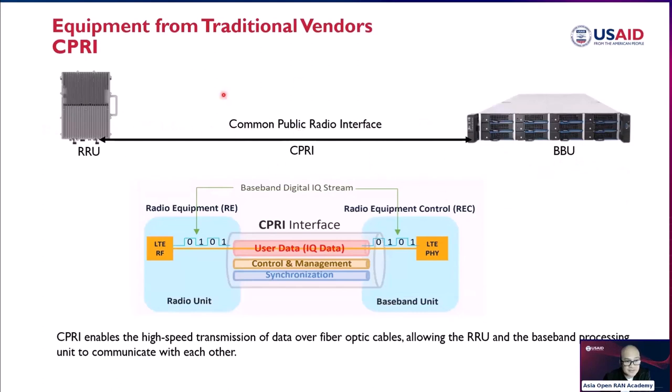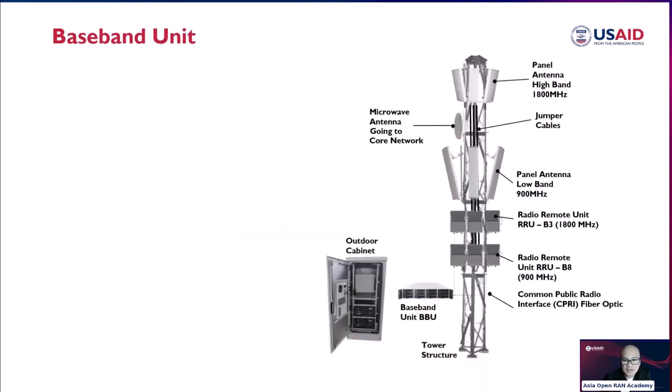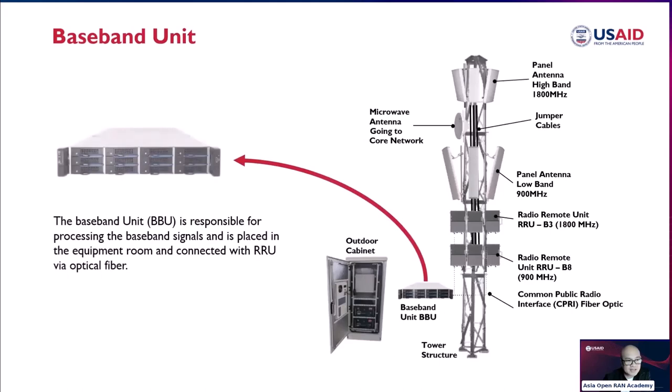And as I mentioned earlier, the BBU is typically located below the tower. It is responsible for processing the baseband signals, is placed in the equipment room, and is connected with the RRU via optical fiber.